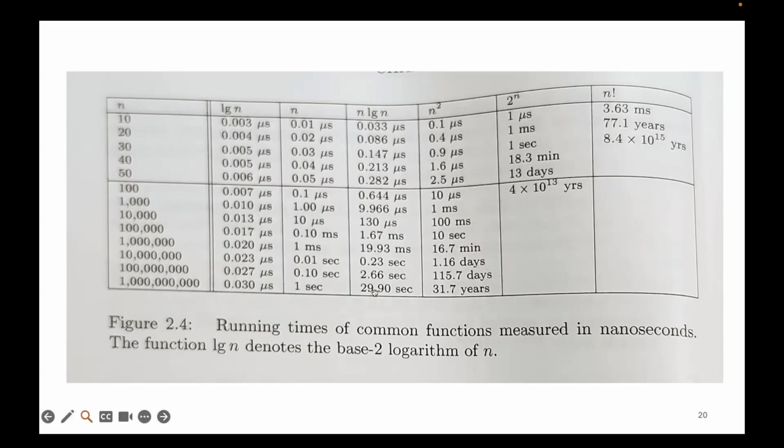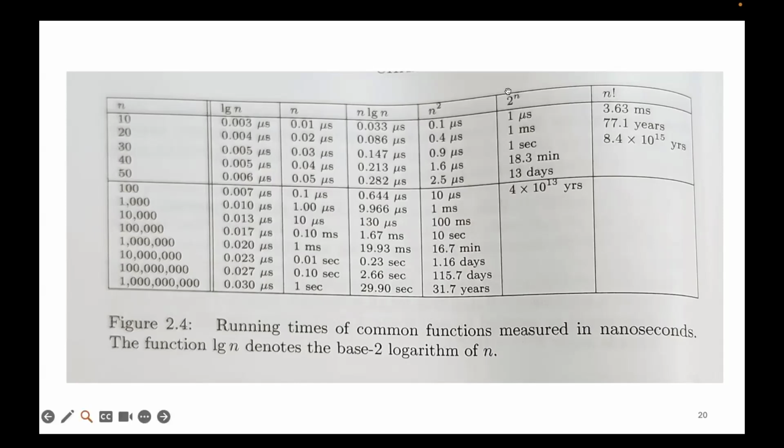And so on. For the 2 to the n and n factorial, it becomes really clear very quickly how big the input can be before the algorithm becomes useless.